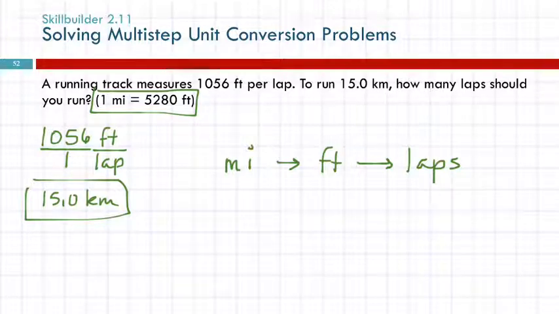Do you know how many miles are in a kilometer? If we don't know that in our heads, then we could look it up, because this is not an exam problem. So, does anybody know what that is? 0.621. That sounds good.